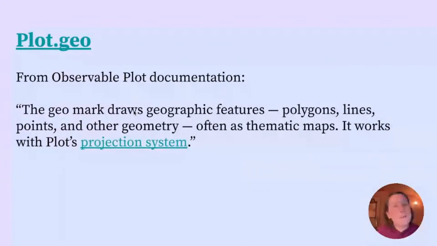And the way that we're going to do this is using the geo mark, which is amazing. So this is a mark, right? Just like plot dot dot or plot dot line or plot dot text. This is just a way of representing our data, where the geo mark specifically is made to draw geographic features, polygons, lines, points, and other geometries, often as a thematic map.